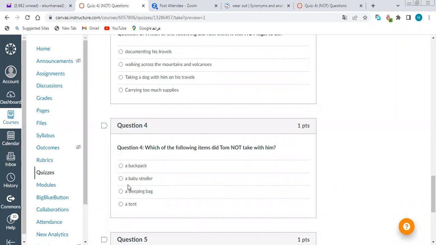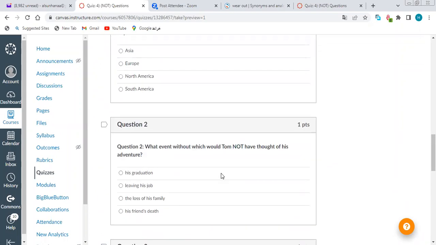Three of them are already stated in the passage, so I need to cross them out. You will cross 3 answers, and the 4th answer will be the right answer required here, I mean the item that Tom didn't take with him.